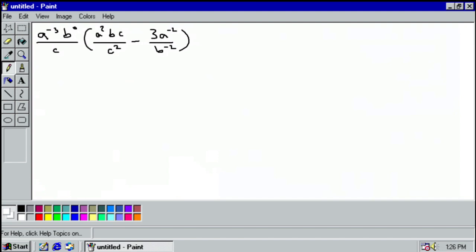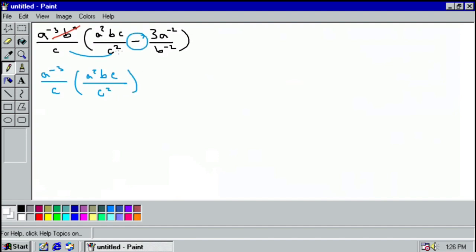So here, since we have b raised to 0, anything raised to 0 is equal to 1. So we can just cancel this out. So now let's use the distributive property. This part and this part, that will be a raised to negative 3 a squared b, put it in parentheses actually, a squared raised to c, over c a squared b c squared.